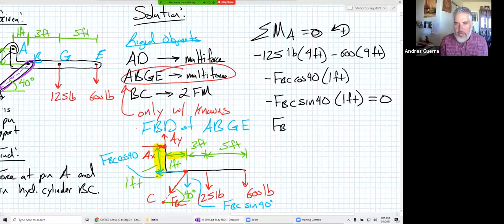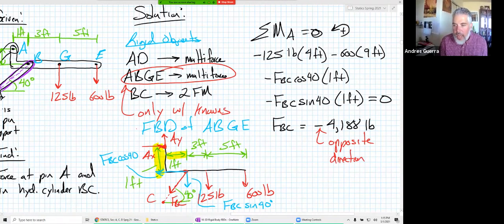Actually, when I do this, I'm going to find that FBC is equal to minus 4,188 pounds. So I got a negative number, and you see every single term in this has a negative, doesn't it? And so when I solve for it, I'm going to get a negative number. Well, that means it just goes the opposite direction as drawn.